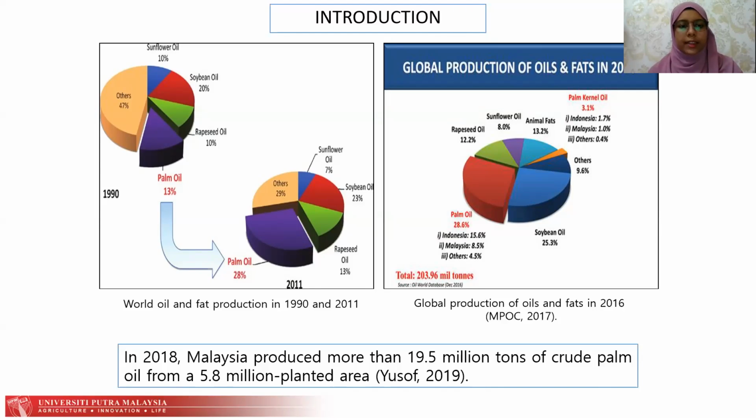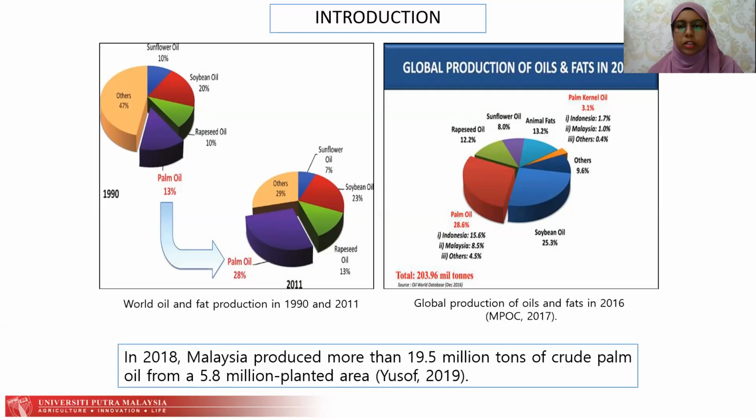So as we can see in this figure, palm oil production has increased from 13% in 1990 to 28% in 2011. It shows an increase in the palm oil productions.